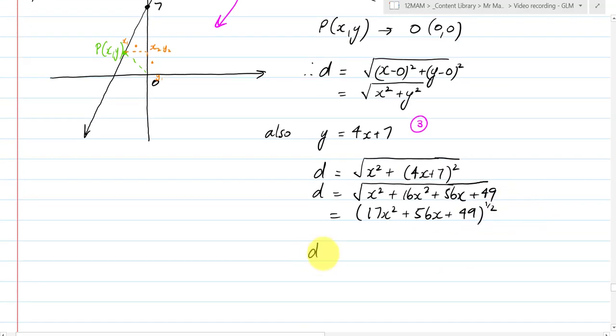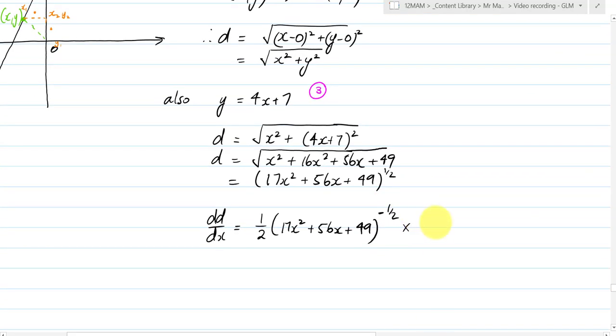And now I can derive that. dD/dx is equal to the derivative of this, which is a half times the original function, 17x squared plus 56x plus 49, to the power of negative a half, decreasing the power by 1, multiplied by the derivative of the inside function. I'll do this in full.